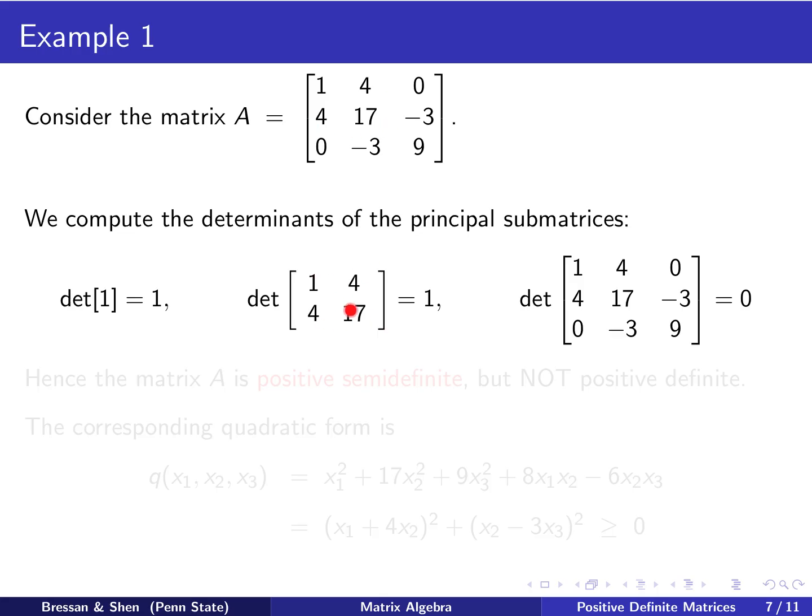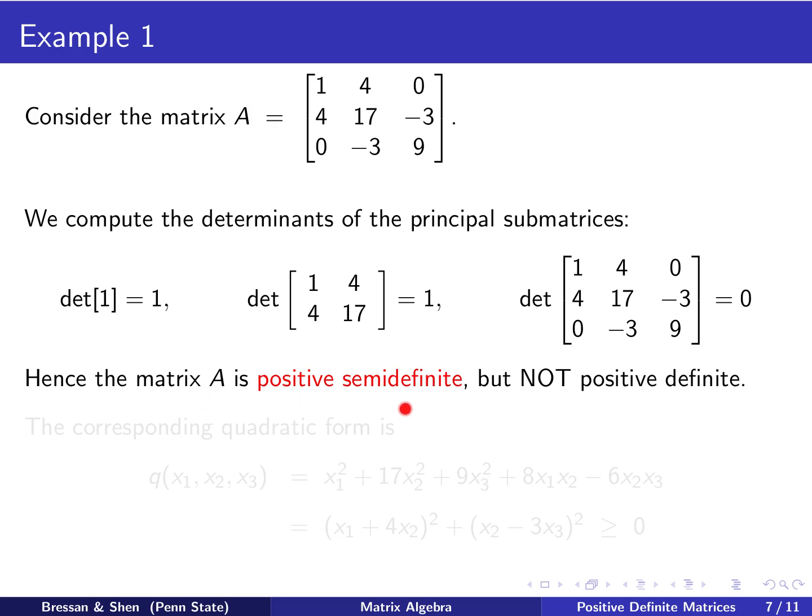And the determinant will be 17 minus 16, that's 1. And then the third one is the determinant of this 3 by 3 matrix, and that is 0. So we see that the determinants of these three principal submatrices are bigger than 0, bigger than 0, and equal to 0. And then the matrix A is positive semi-definite, but not positive definite because of this 0.